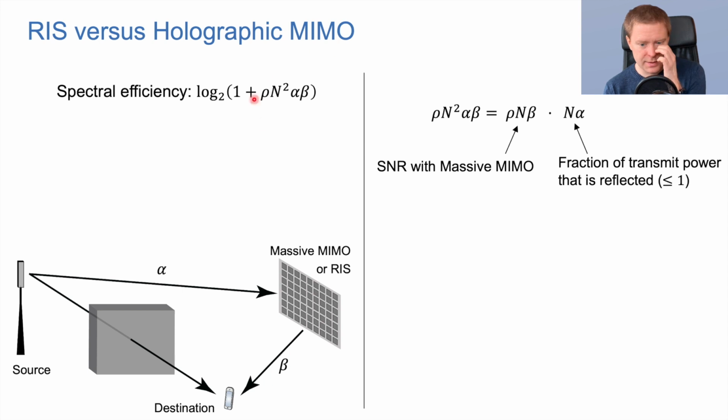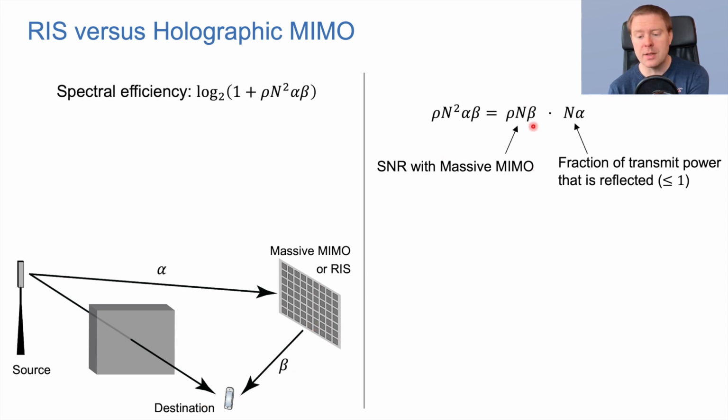If I take this expression and split it up into two parts, I have rho, the transmit power, times N, the number of elements, times beta, which is the path loss here. This will be the signal-to-noise ratio that I will get if I consider this holographic massive MIMO transmitter using the same power, and I transmit with N elements, so it has the same number of elements, to the destination here.